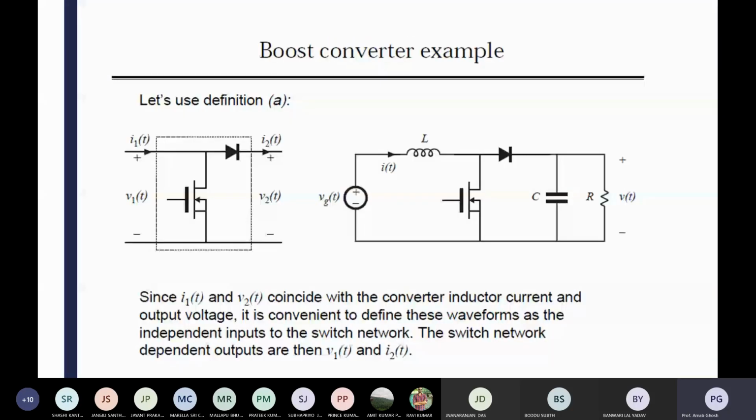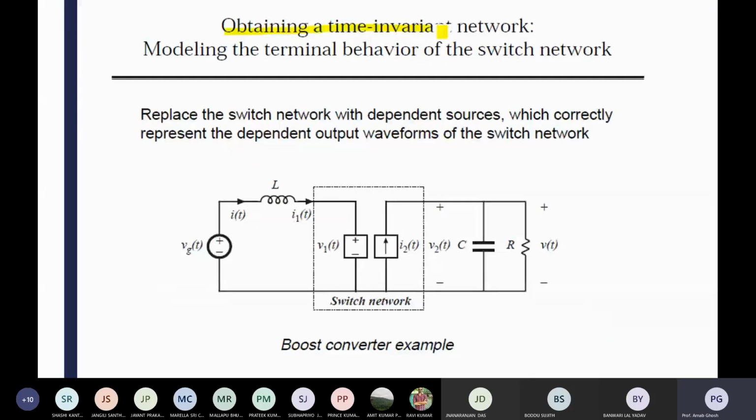You can use these mathematical steps here to obtain the time invariant network model of the terminal behavior of the switch network. It is like the analog electronics circuits, where you do the same calculations for each parameter.